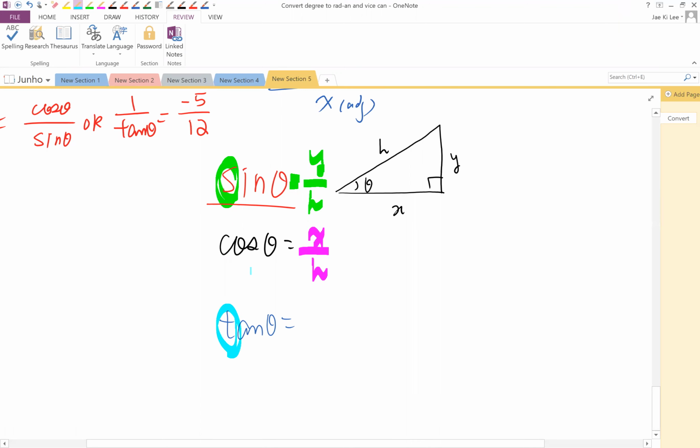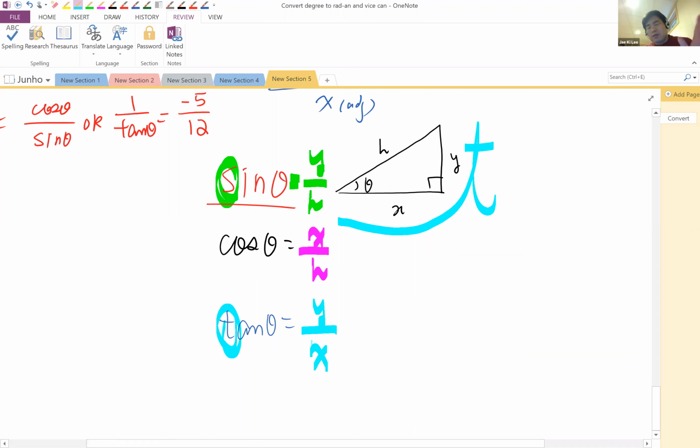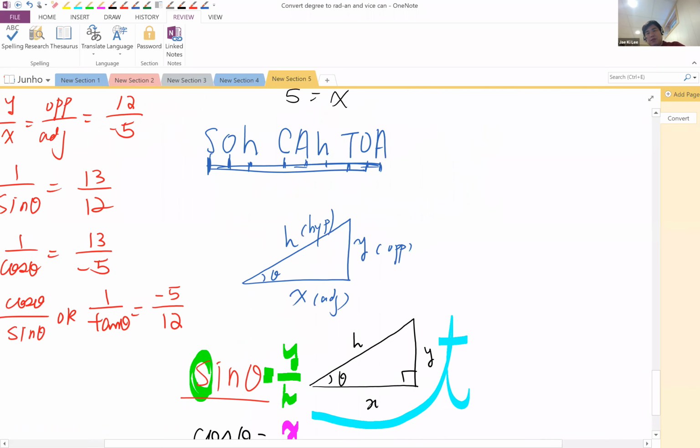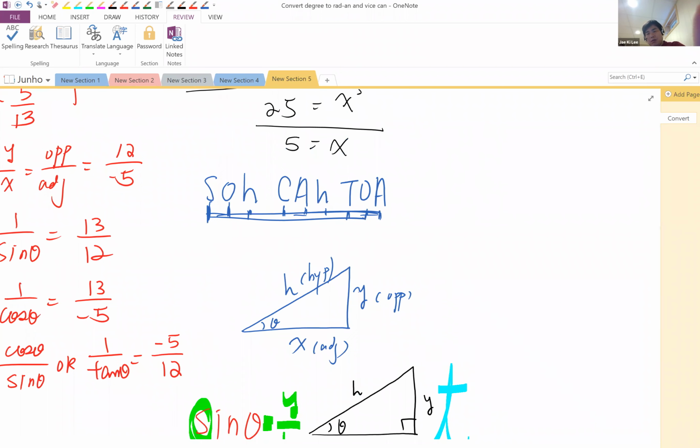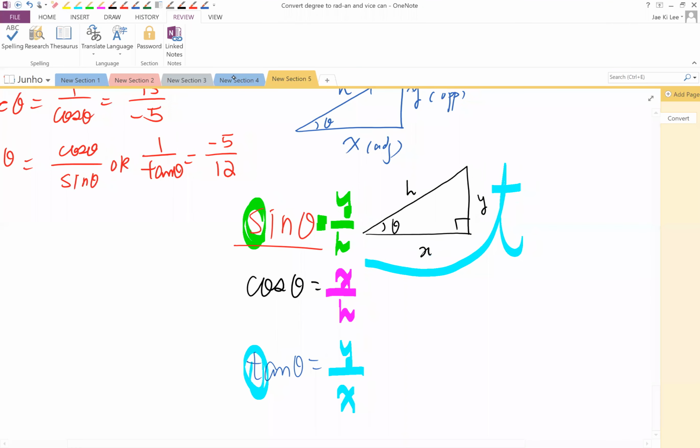T. So from T, ending to beginning, it becomes Y over X. So you can also remember it this way. Either way, you can just memorize SOHCAHTOA, or just do the triangle and then find the S, C, or T. That's also another way to do it.